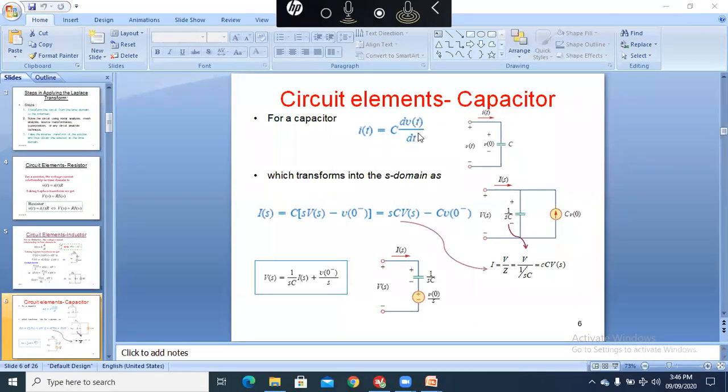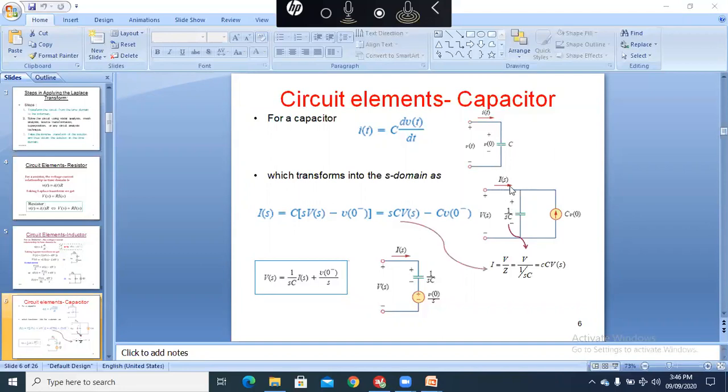So again, we apply the time differentiation property, and by this property, the dV(t)/dt term will be sV(s) minus V(0 negative). So the current I is sC V(s) minus C V(0 negative). This C V(0 negative) is in fact the current source in parallel to the capacitor.